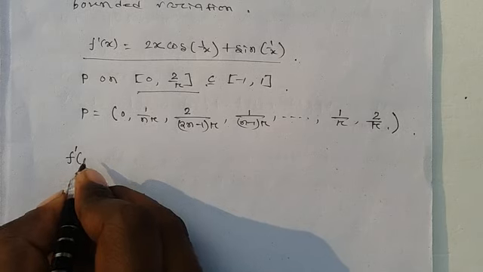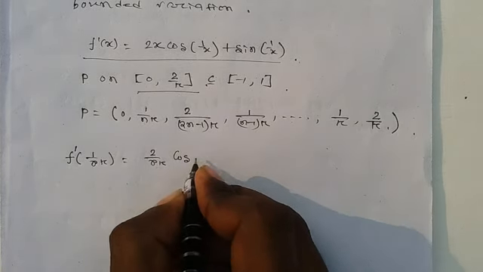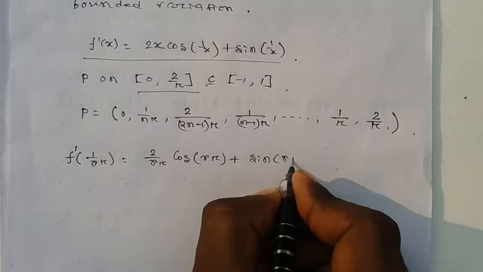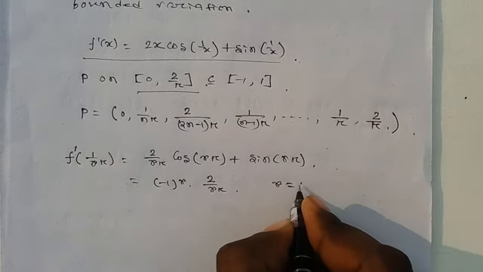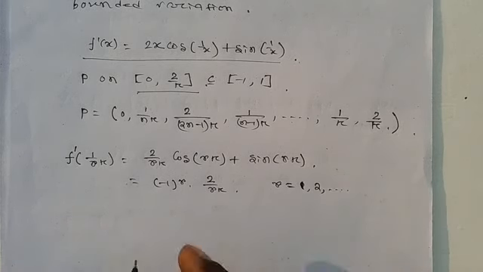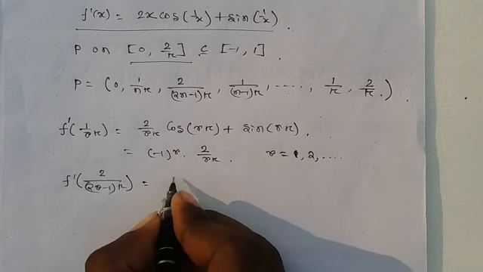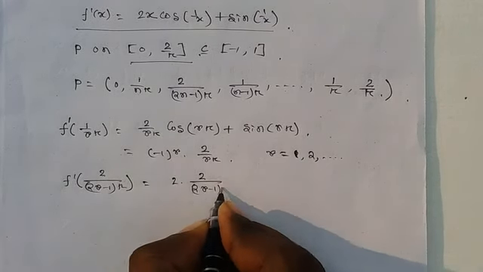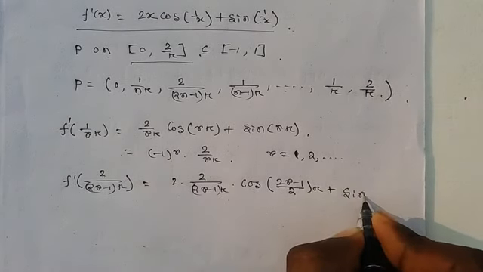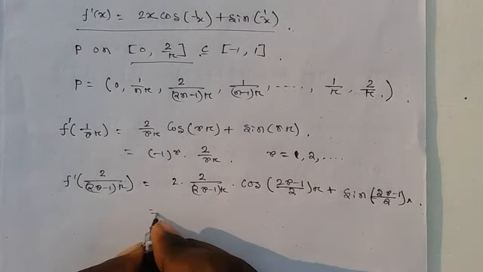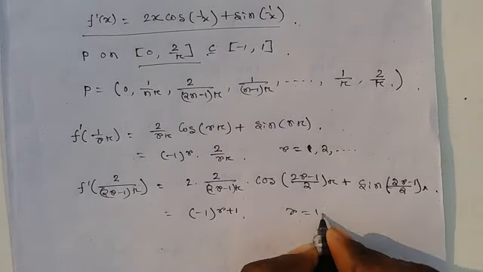So f dash of 1 by r pi becomes 2 by r pi cos of r pi plus sine of r pi, and this becomes minus 1 to the power r, 2 by r pi, where r equals 1, 2, and so on. And f dash of 2 by 2r minus 1 pi becomes 2 into 2 by 2r minus 1 pi times cos of 2r minus 1 by 2 pi plus sine of 2r minus 1 by 2 pi, and the first term is 0 and the remaining term is minus 1 to the power r, for r equal to 1 to and so on.